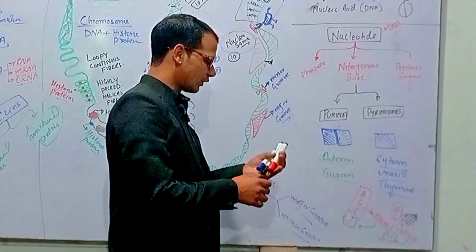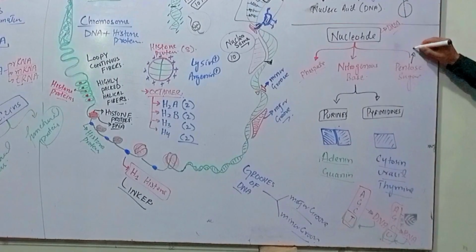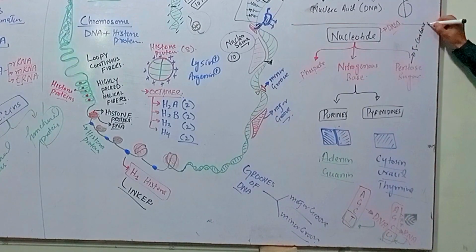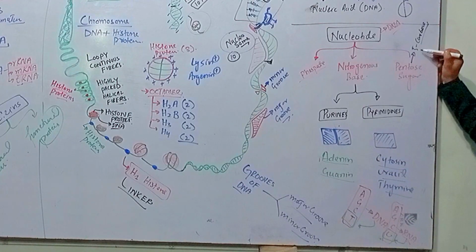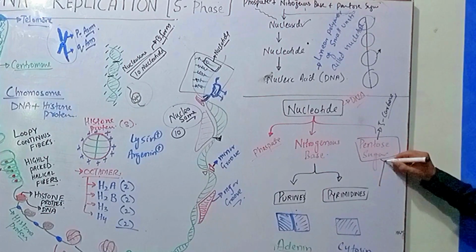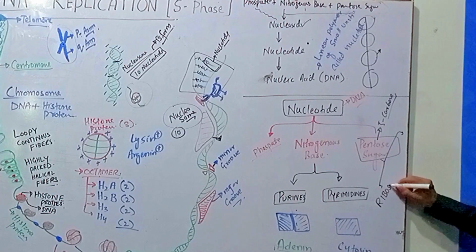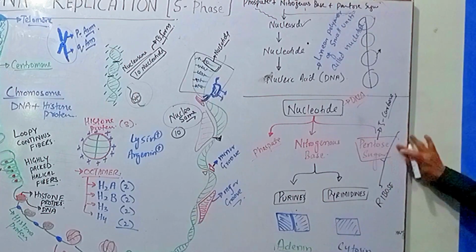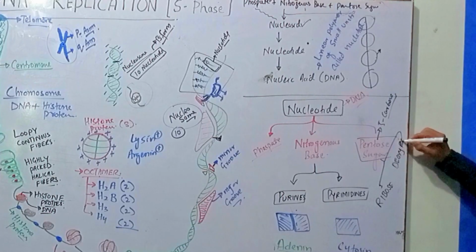The second thing is pentose sugar. Why are these called pentose? Because they have 5 carbons. These are also rings, but are homocyclic, having 5 carbons, right? So pentose sugars are of 2 types: one is ribose and the other is deoxyribose.